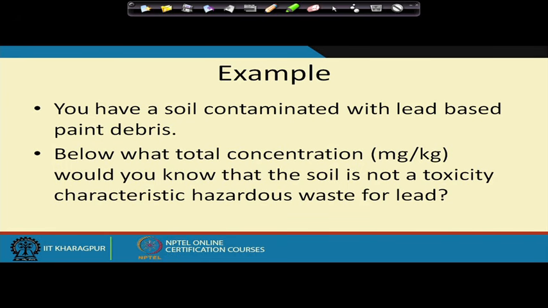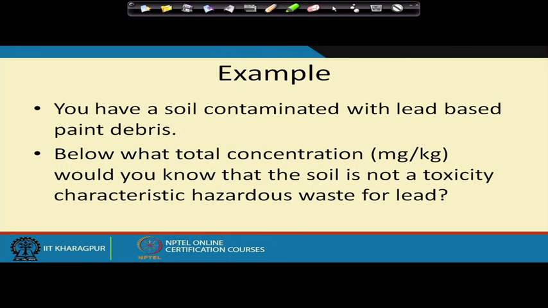As I was just telling you a few minutes back, consider the worst case leaching scenario, where the entire lead present in the solid phase comes into the liquid phase. If we have a concentration less than that, that particular waste will never be a hazardous waste.